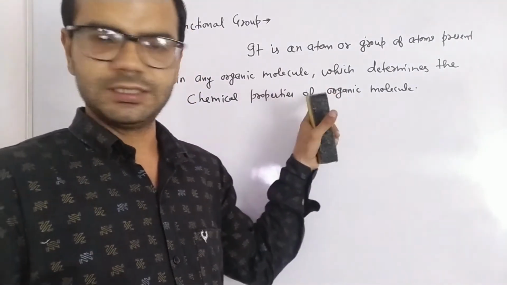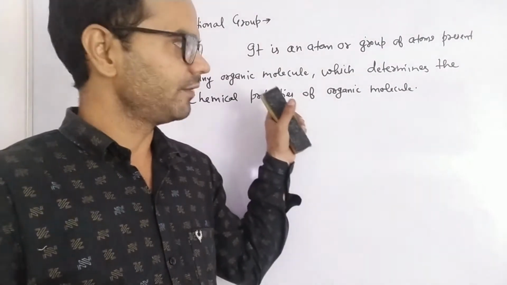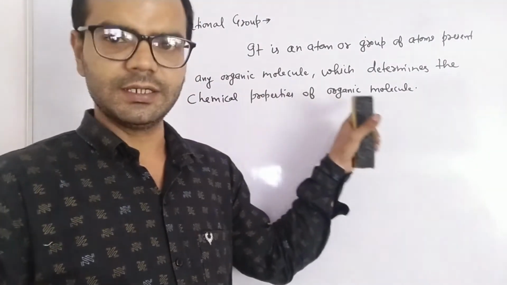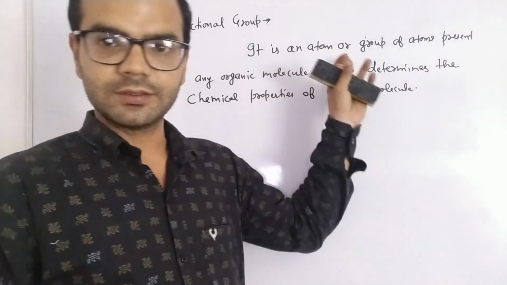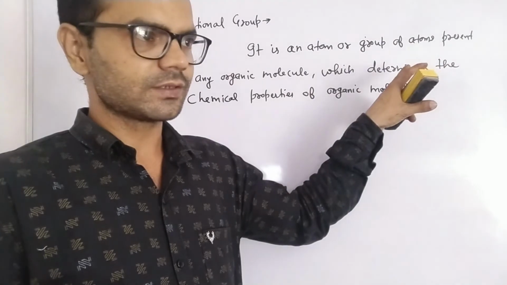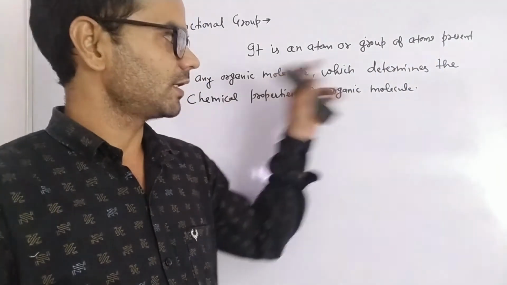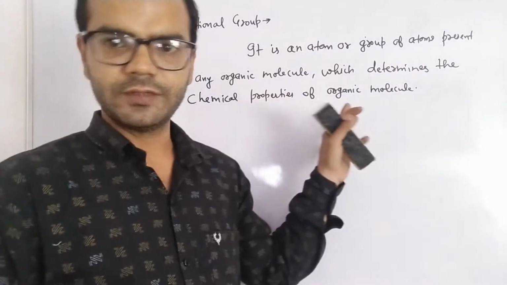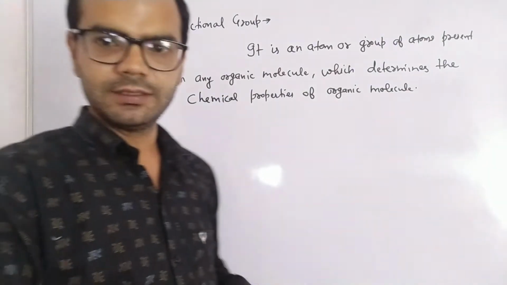We will understand each with their IUPAC nomenclature, with their symbol and with their prefix and suffix. So what is a functional group? It is an atom or group of atoms which attaches to any organic molecule and describes the chemical properties of any organic compound. So I am going to draw a table.